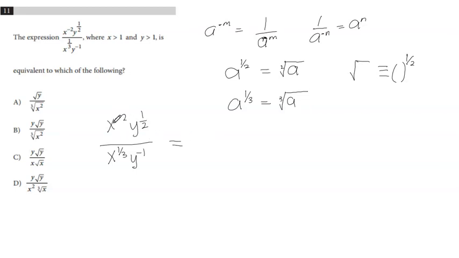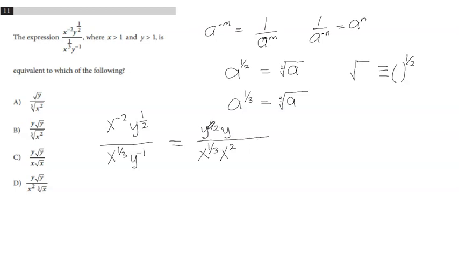We bring the x raised to the power minus 2 to the denominator. In the denominator, we already have x 1/3, and because this is negative, we have x squared over here. In the numerator, we are left with y raised to the power half, and because the index is negative here, this becomes y raised to the power 1. So this is what we have.